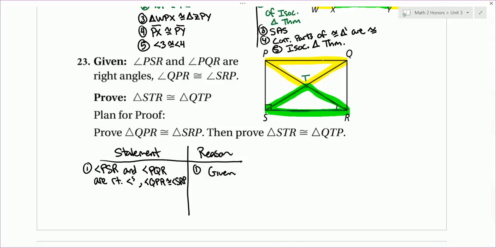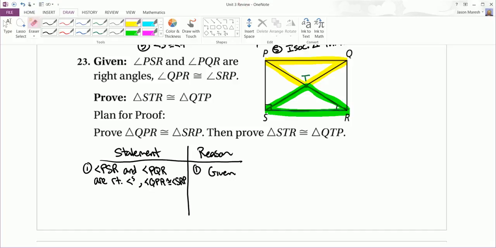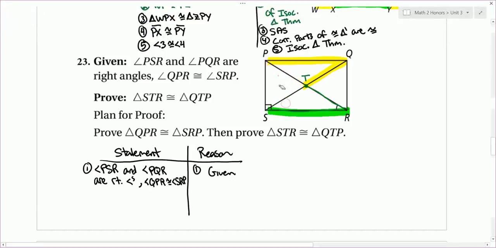So they're saying first prove that triangle QPR is congruent to SRP, and then prove that triangle STR is congruent to QTP, which is what we want to originally do. So it's saying first focus on the other two. So instead of doing the ones I'm highlighting, okay, let's do what they're first telling us to try to prove.